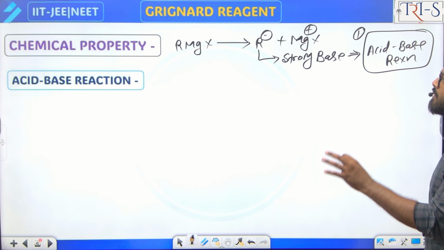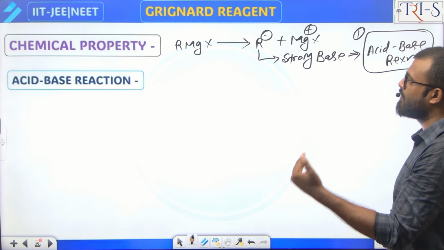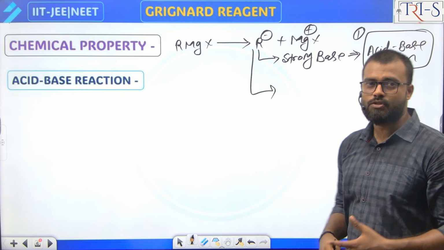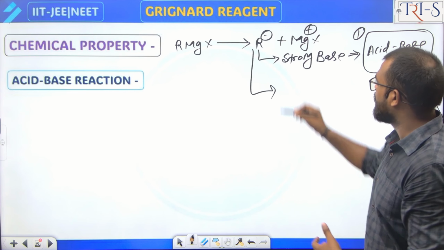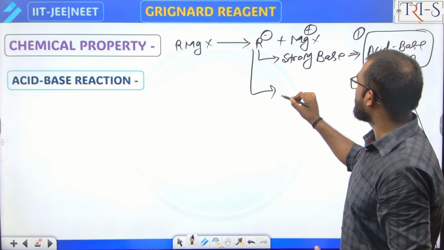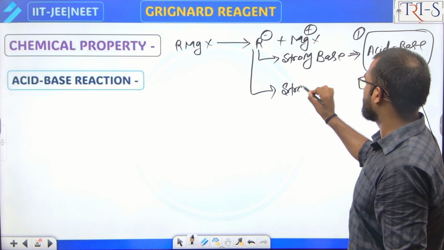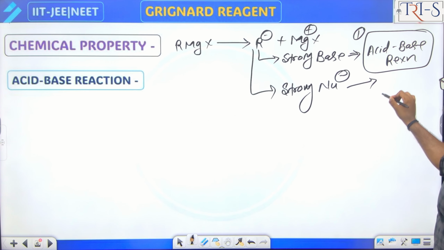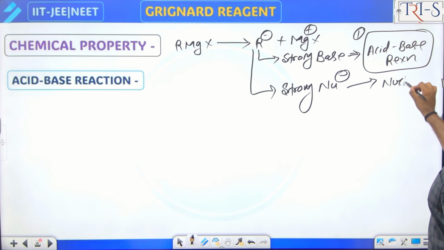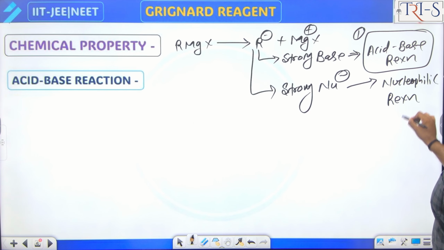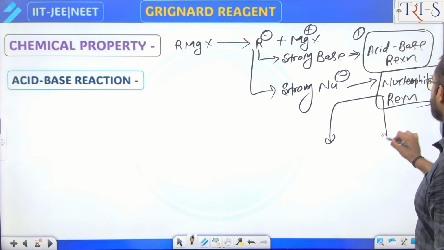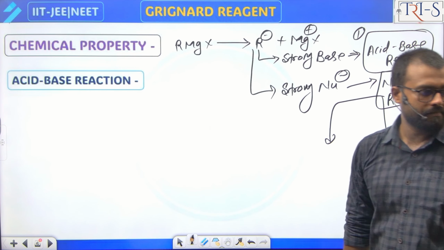So first we have to check whether the given compound is an acid or not, and next, if the given compound is not an acid, then R minus will act as a strong nucleophile and can also give nucleophilic reactions. This nucleophilic reaction can be categorized into three parts.